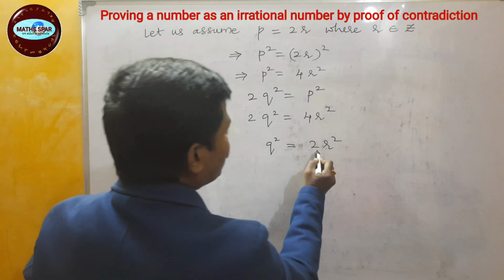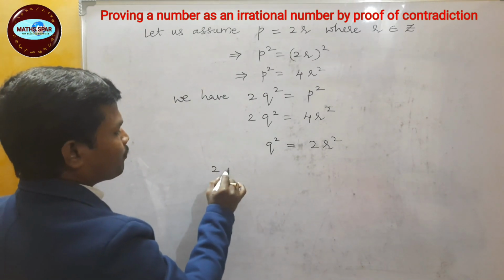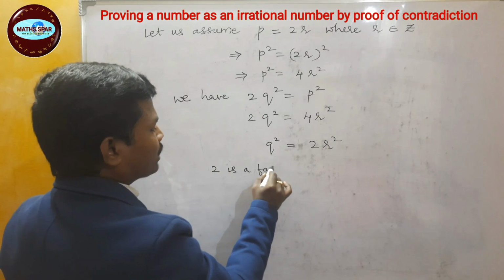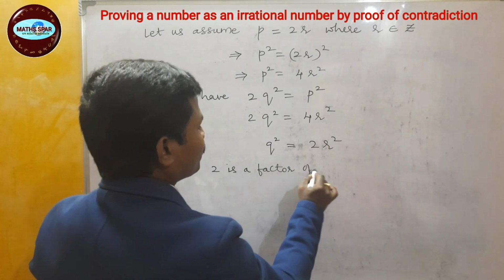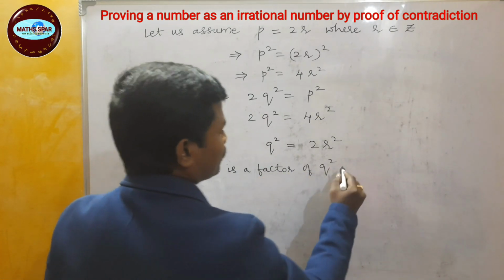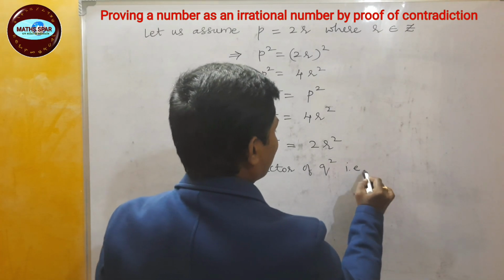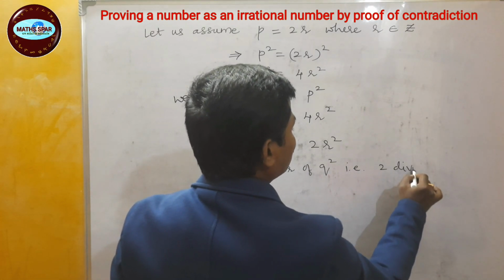Then 2 is a factor of q square, that is, 2 divides q square.